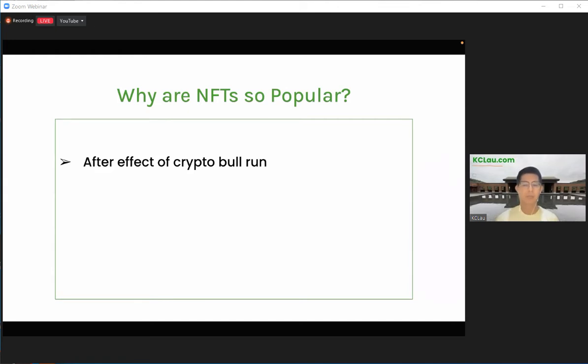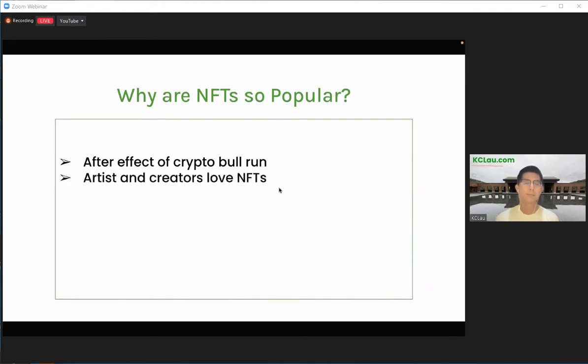And then these people are looking for the next new thing to see where they can make their next million. So I think NFT naturally became the next thing to them, because it's also based on blockchain technology. So I think this is the after effect of the crypto bull run.